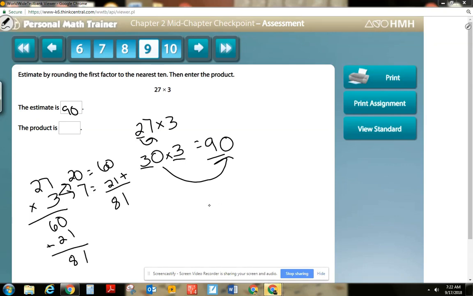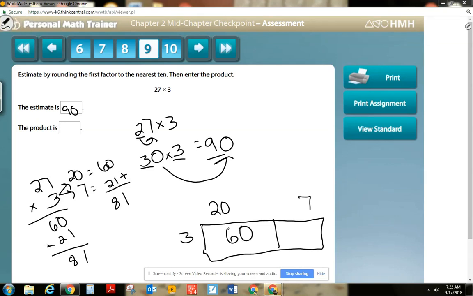And for a lot of us, we've been doing it this way. We're looking at that 27 this way, and then we're going to times it by 3. These are all great ways to solve it, and we know that 60 plus 21 equals 81.